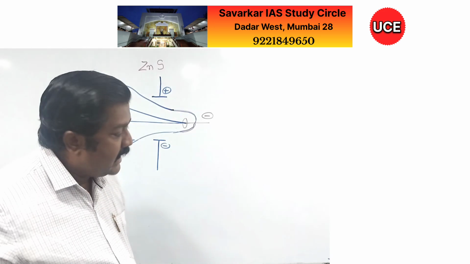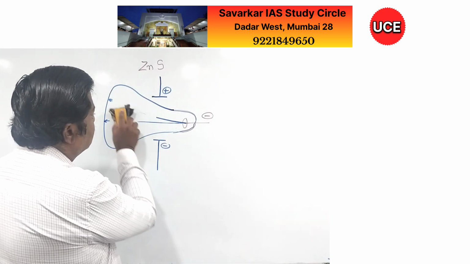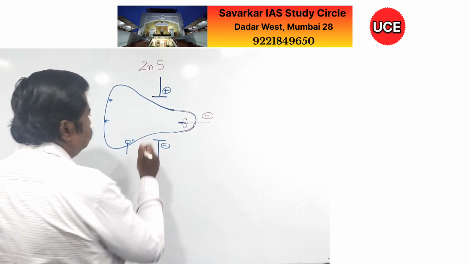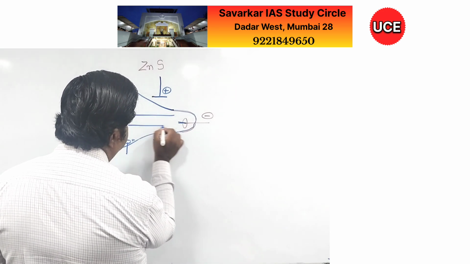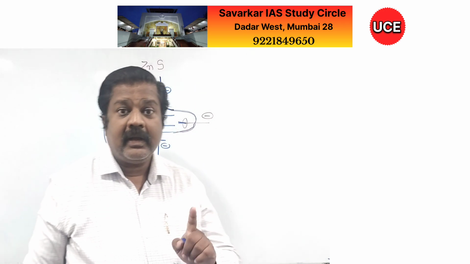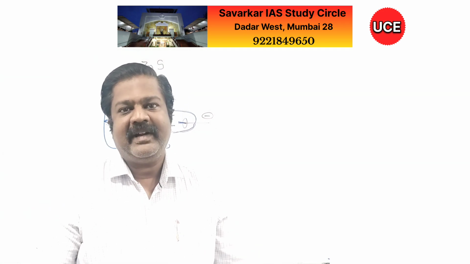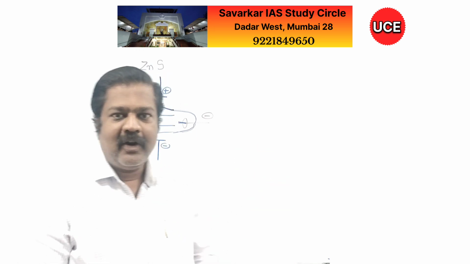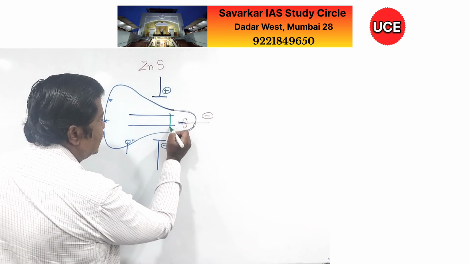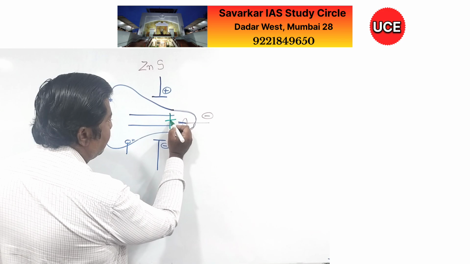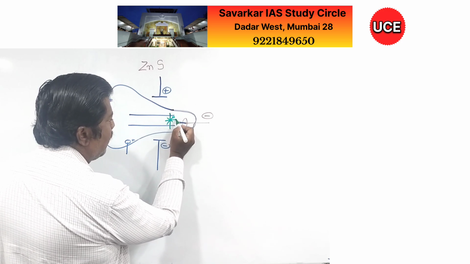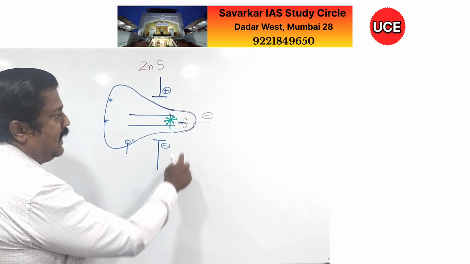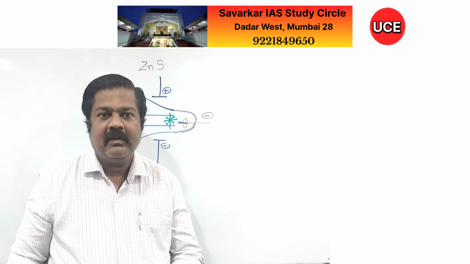Now, as I explained, they place a track here. Again and again I am telling, this is all a schematic diagram. Don't ask me how the track is floating there. And they place a wheel here, something like this, and they started the current.